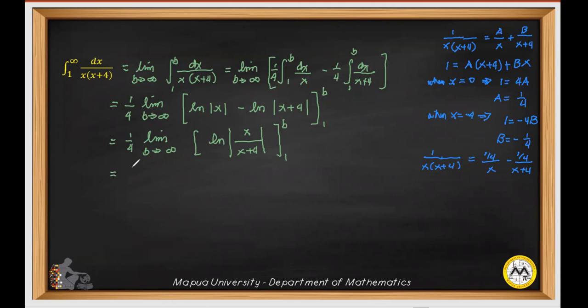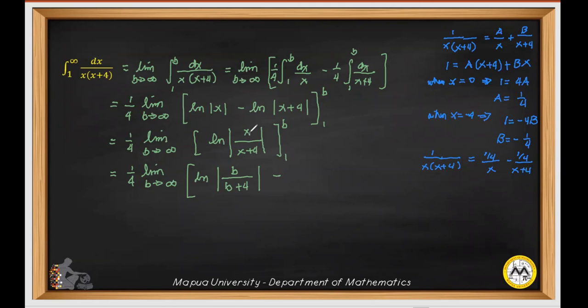Hence we will have 1 over 4 times the limit as b increases without bound of, evaluating the indefinite integral at the upper limit b, the natural logarithm of the absolute value of b over b plus 4, minus the value of the integral at the lower limit 1.